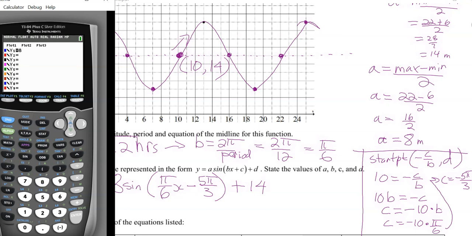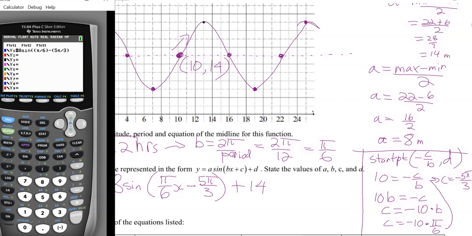So 8 sine, open bracket, pi divided by 6. Stick the pi divided by 6 in brackets. That'll work on any calculator from the 83s up to the higher end 84s. And then bracket 5 pi divided by 3.